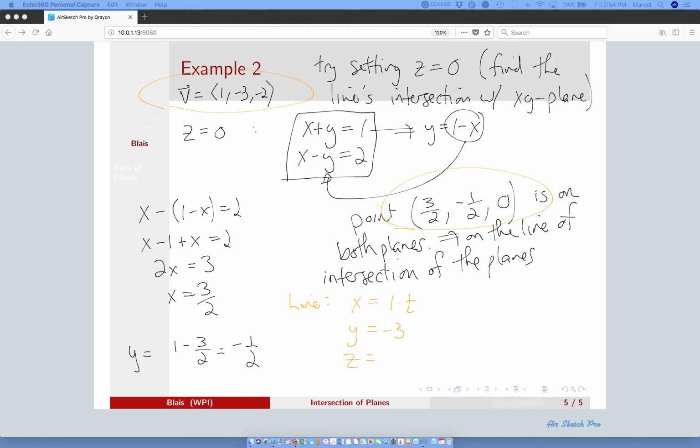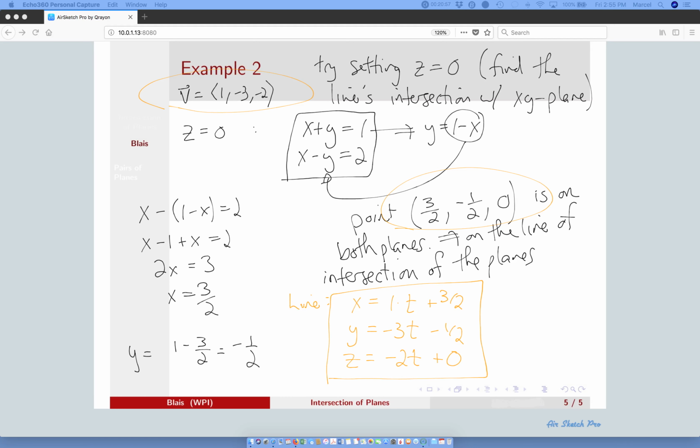Minus 3t, minus 2t. And then we add the coordinates from the point. So we would have 3 halves, minus a half, 0. And this gives us a set of parametric equations for the line of intersection of the two planes.